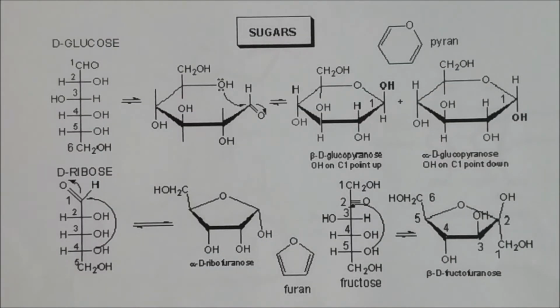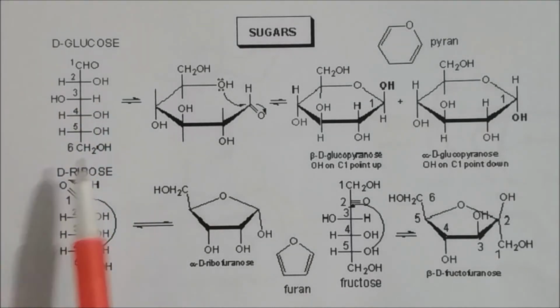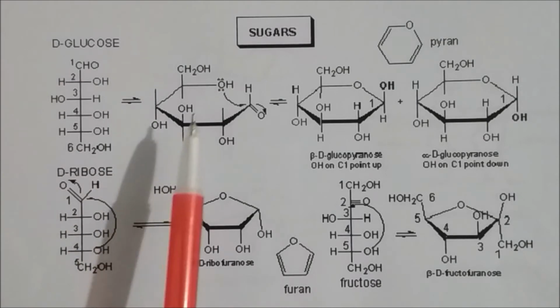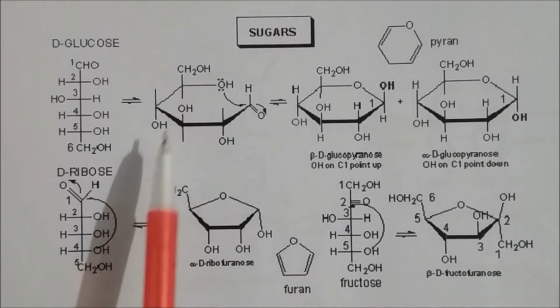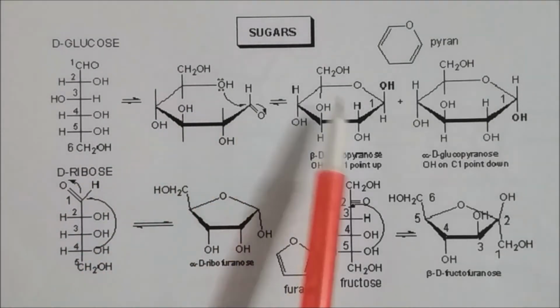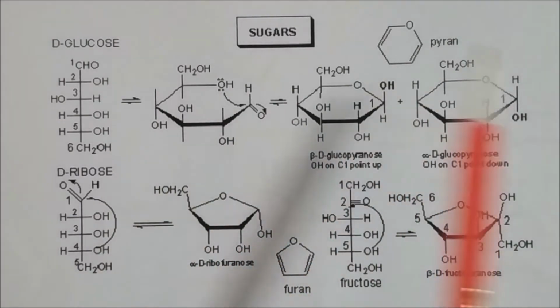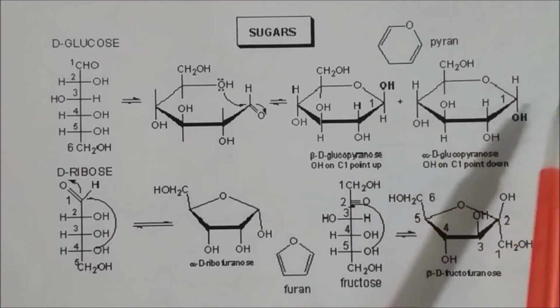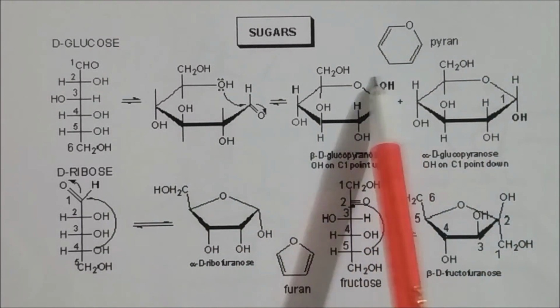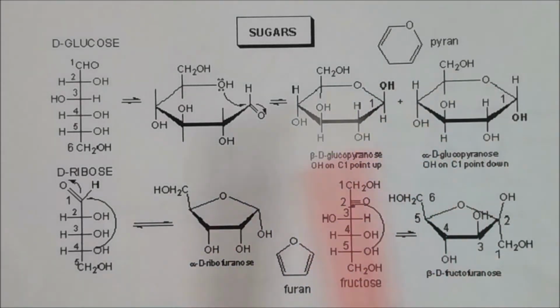Once again you can see the structures of D glucose and D ribose. You can compare them. This is glucose, and you can see the pyranose structures of both alpha and beta. This is alpha, this is beta, because in alpha the OH is down and in beta the OH is up. These are the pyranose structures. And D ribose has furanose structures.